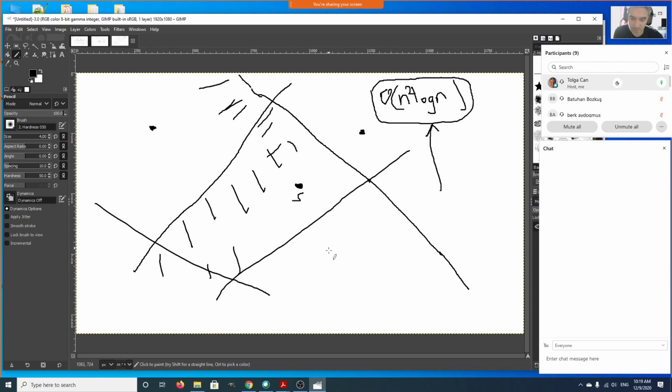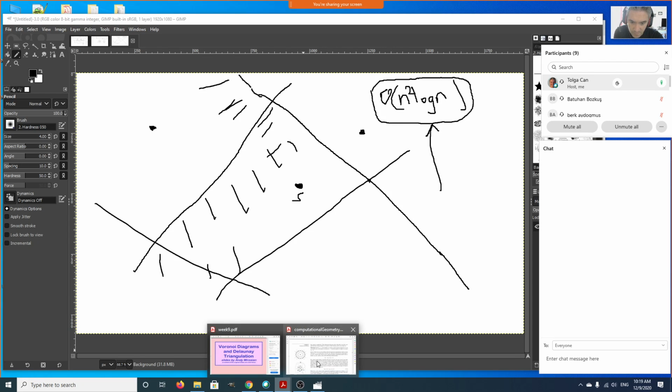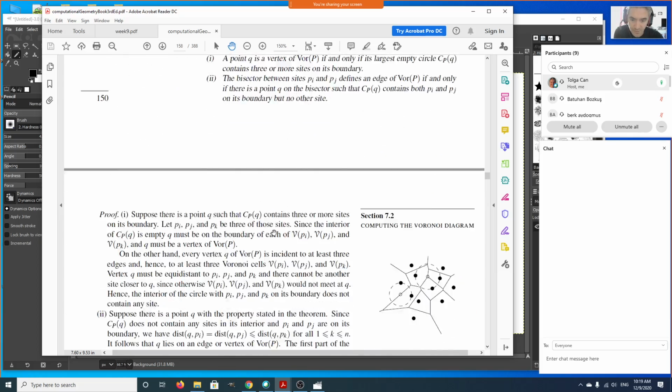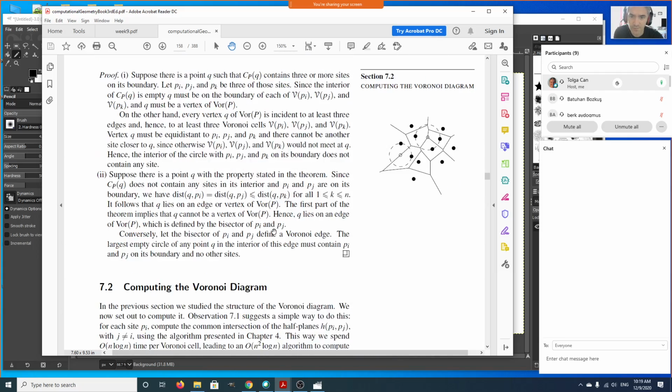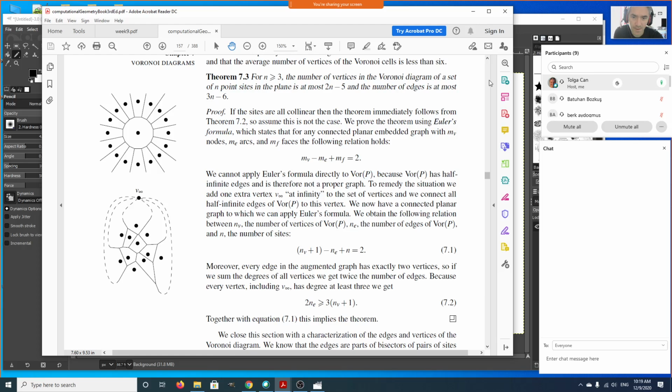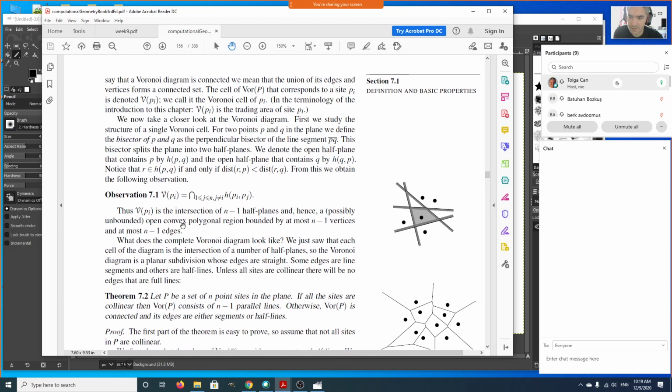And actually, let me show you. The book also mentions this as a property right here. It was in the properties of the Voronoi diagram, the first property. So yeah, this is an observation. The Voronoi cell is the intersection of the half planes with p_i, where p_i is the center one.